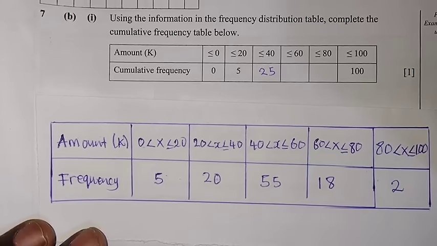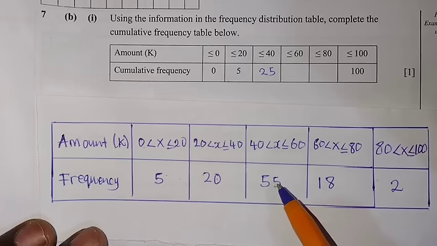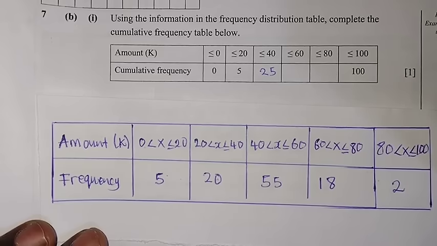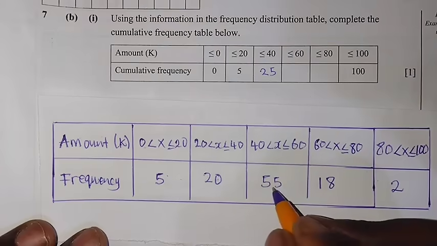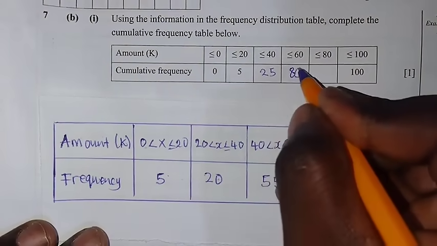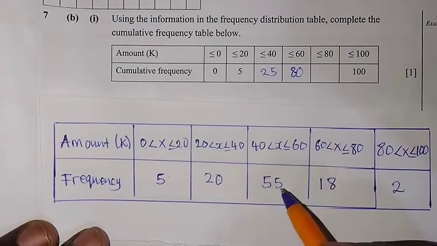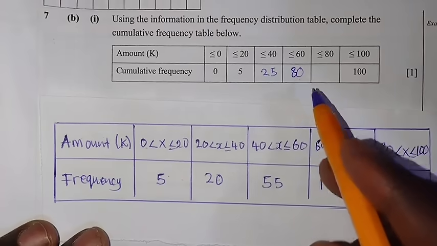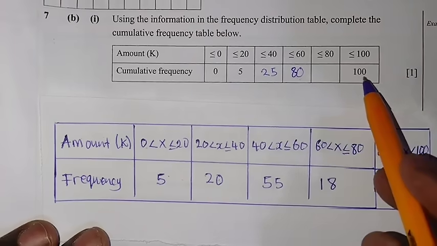Then from there you come here, you say 55 plus 25. When you add 55 plus 25, we are getting an 80. You write an 80 there. Again we say 18 plus 80. Make sure that once we are done adding, we should get this 100.